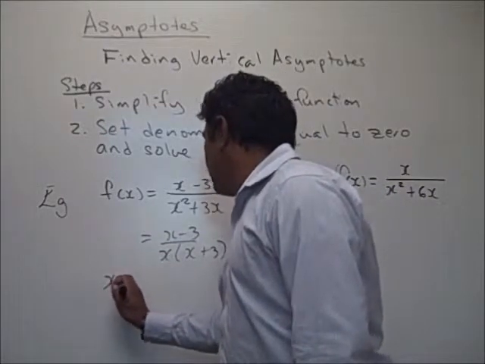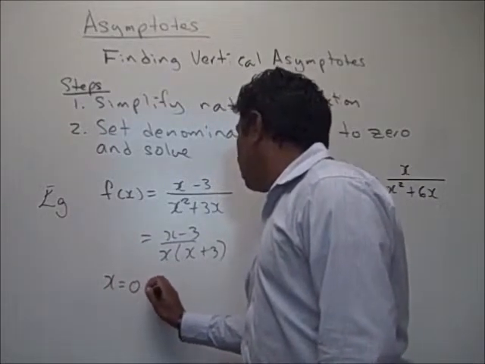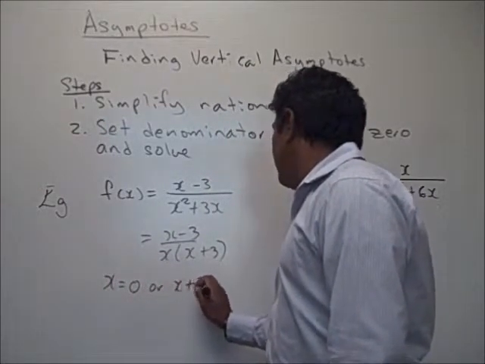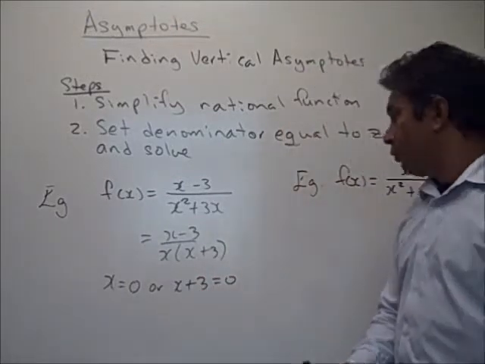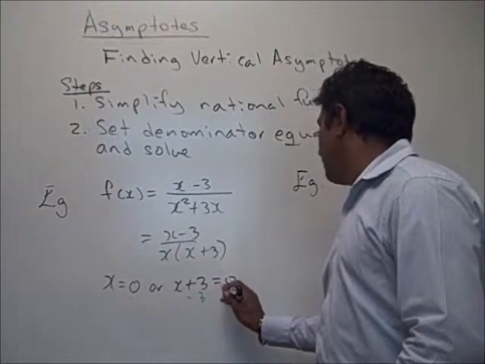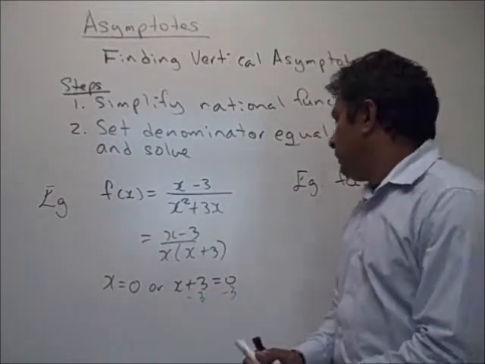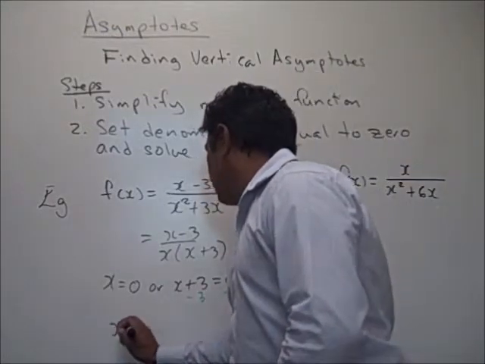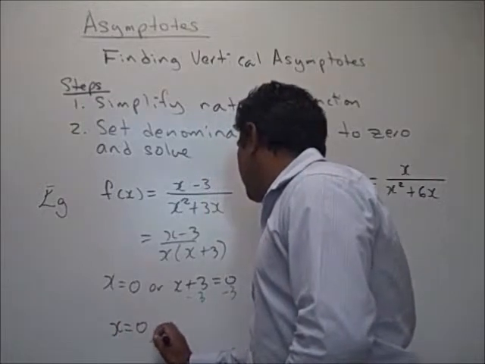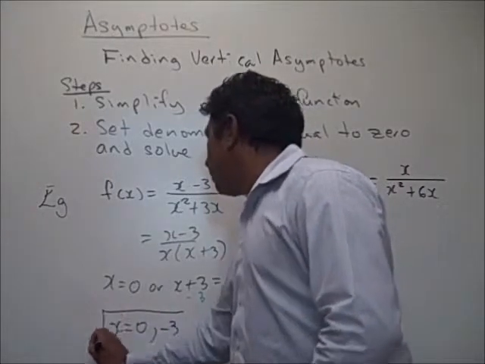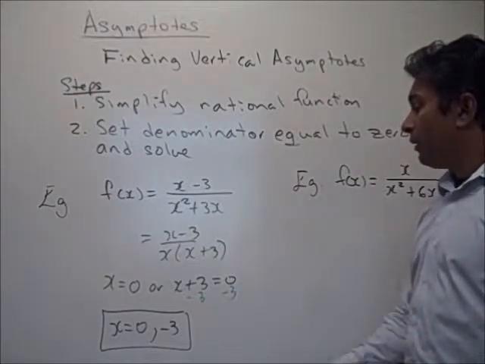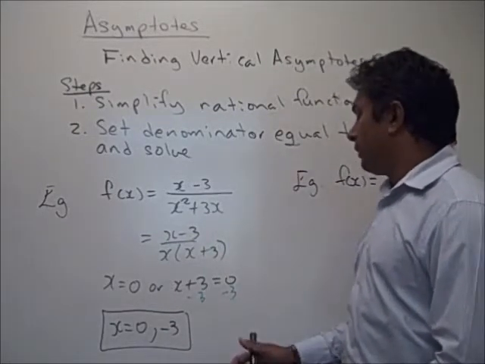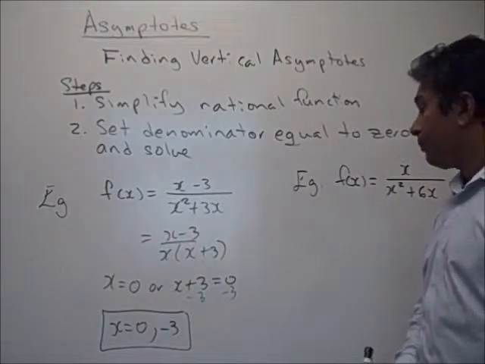So we have x is equal to 0, or x plus 3 is equal to 0. If we subtract 3 from both sides, we'll see that x is equal to 0 or x is equal to negative 3. So this problem will have two vertical asymptotes: one at x is equal to 0 and one at x is equal to negative 3.